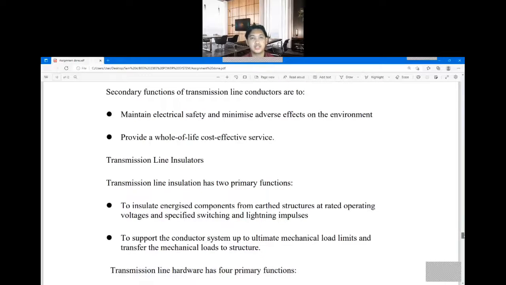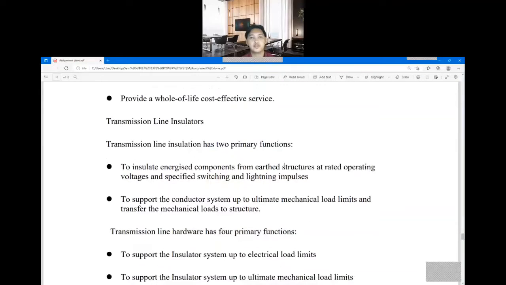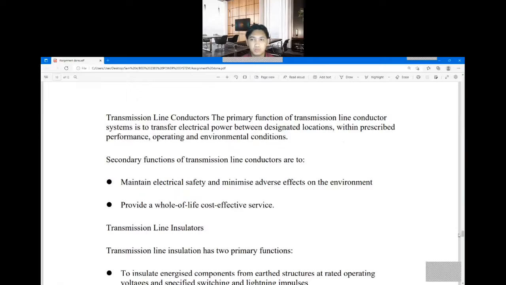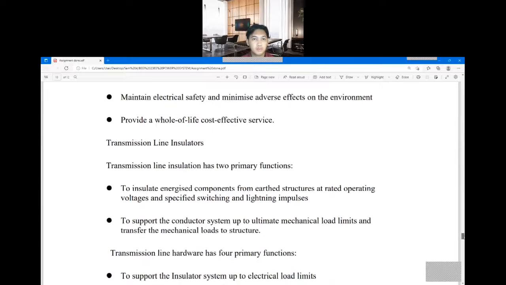Transmission line insulator has two primary functions, which are to insulate energized components from earth structure at rated operating voltage and specified switching and lightning impulses, to support the conductor system up to ultimate mechanical load limits, and transfer the mechanical loads to structure.